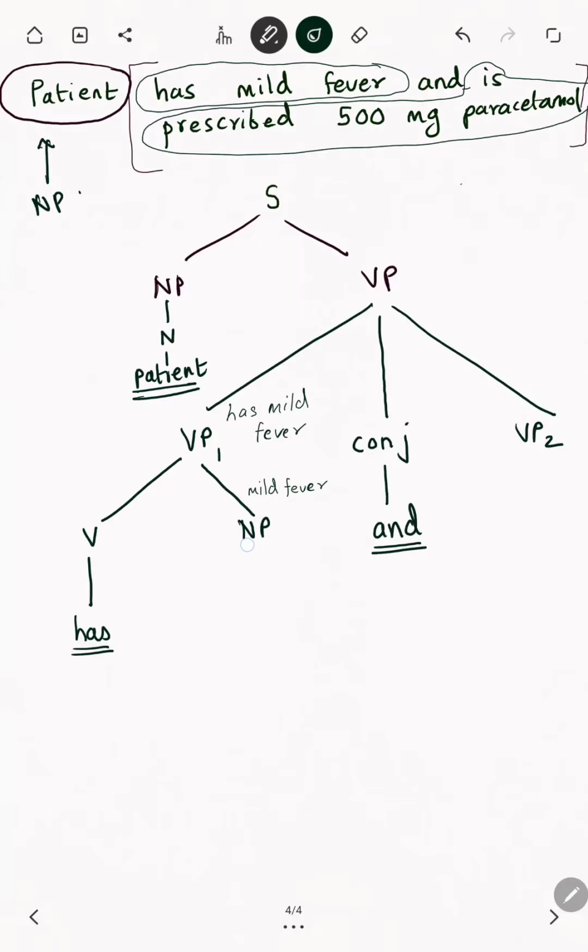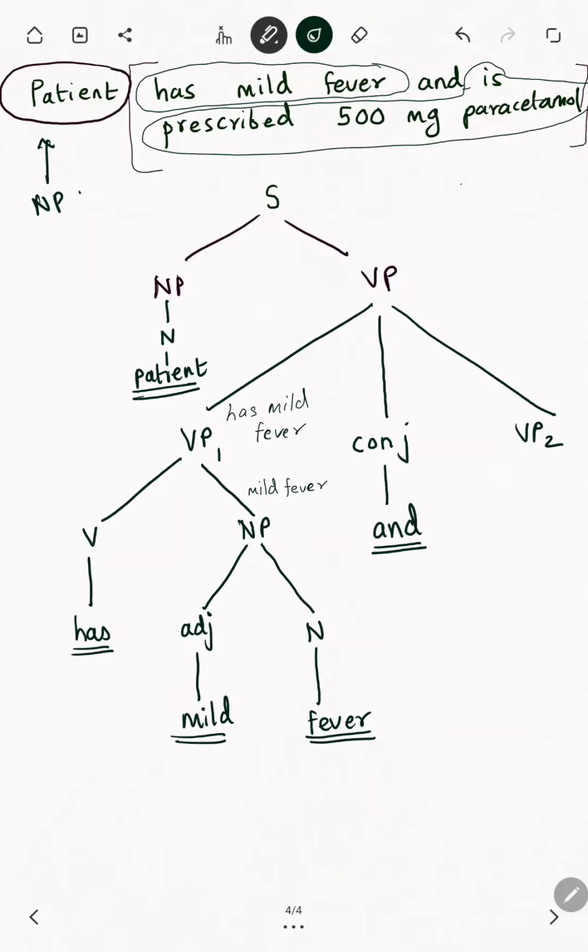So we'll go down to the basic parts of speech. So here adjective is mild, and the noun is fever. So this part is over, there is nothing more left to be expanded.